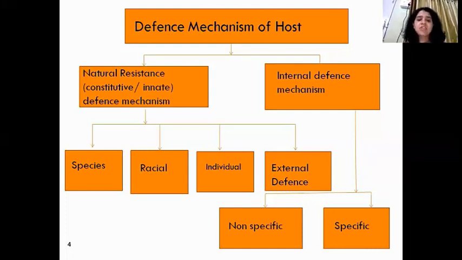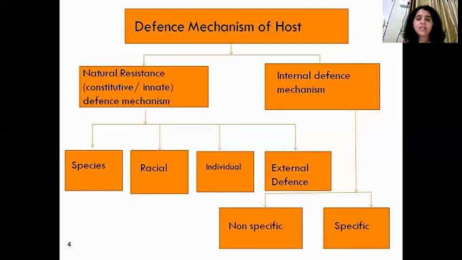Next is individual. Though a particular person belongs to the same species, and two people have no racial difference and are in the same family, it may happen due to individual genetic combination or genetic arrangement that a particular person's immunity is high or low.